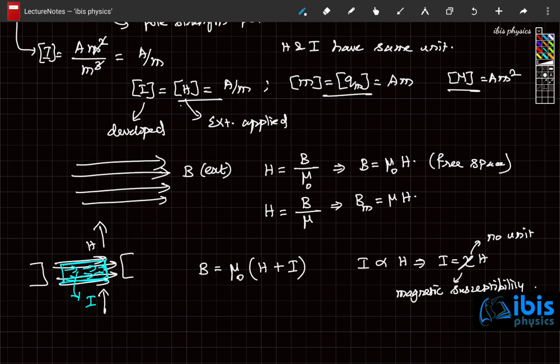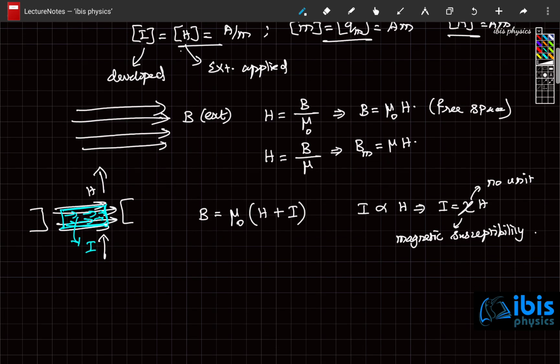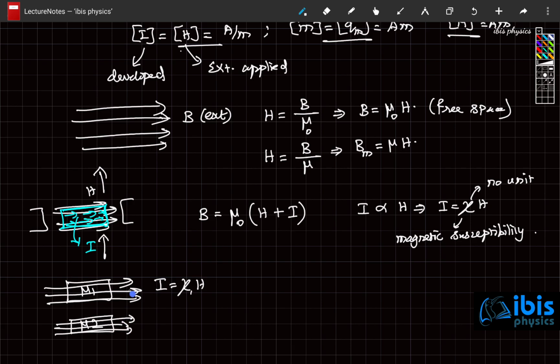Magnetic susceptibility means, suppose you have two materials, material 1 and material 2, and you apply H here, the intensity of magnetization developed will be chi1 into H. And in this you apply the same field, the intensity of magnetization developed will be chi2 into H. Suppose chi2 is more than chi1, then material 2 develops more intensity.